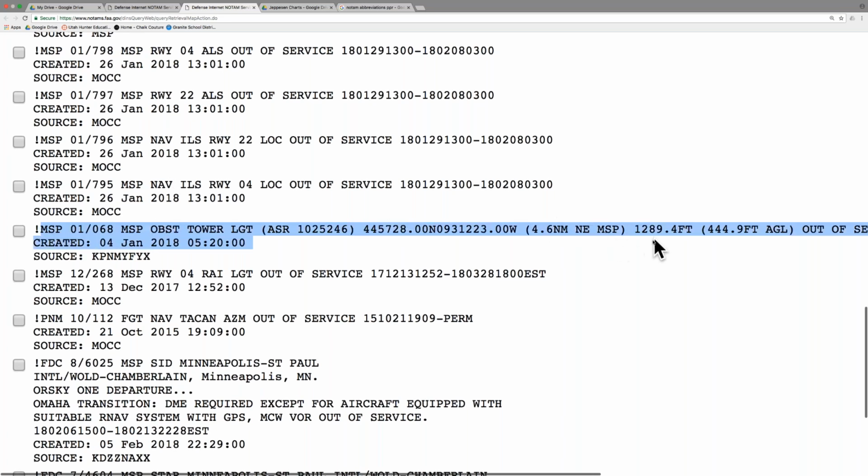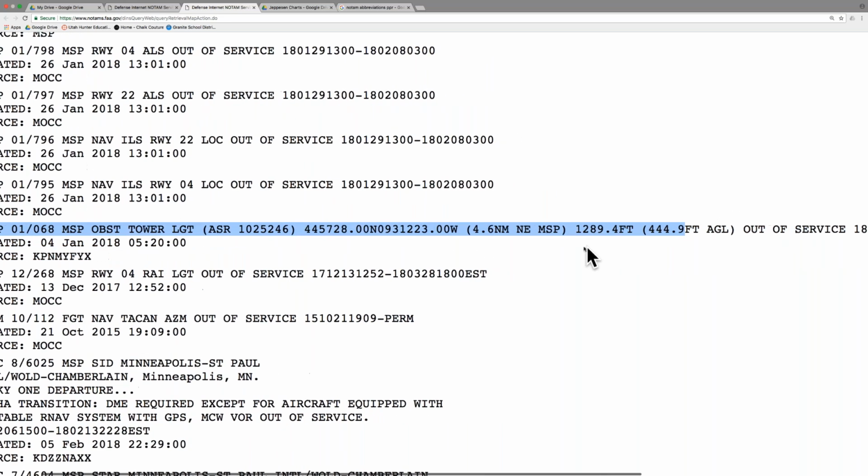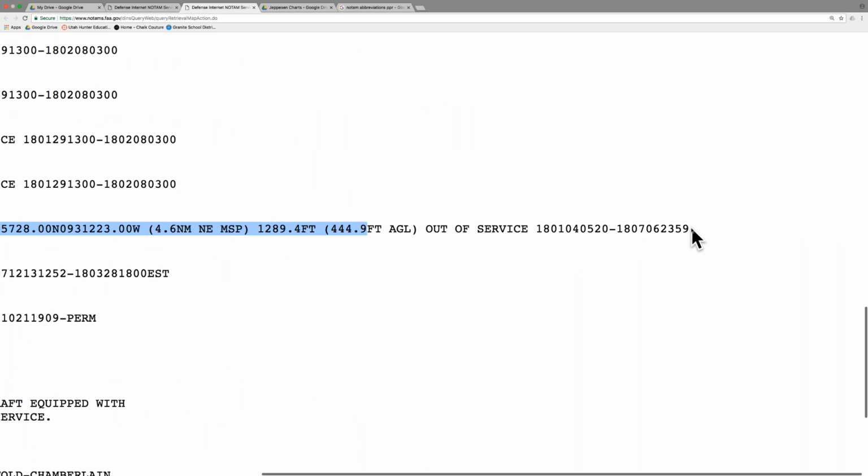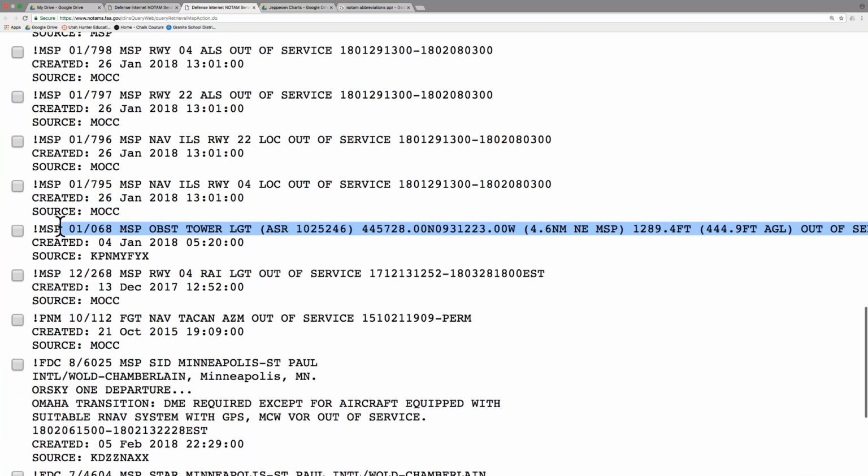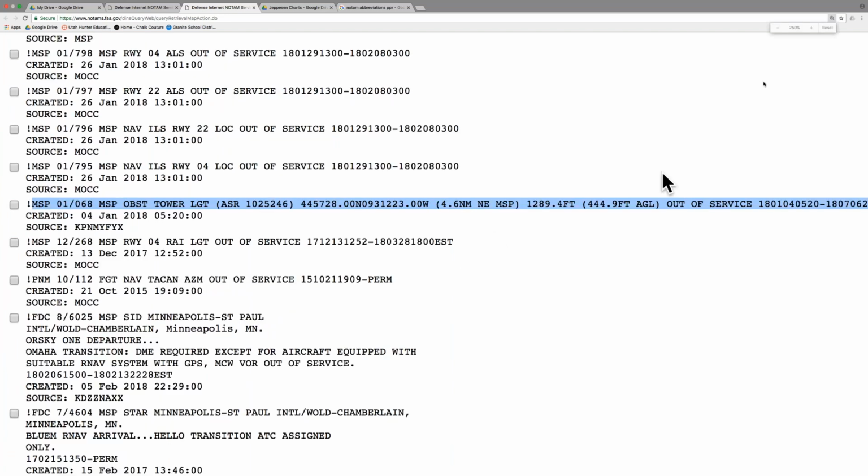So, let's look at this one. What this one is telling us, see, this one's really long-winded. So let me zoom out just a hair. Take this out of the way. Okay. So what this is saying is that at Minneapolis, there's an obstruction, right? We don't worry too much about these, but it's a lighted tower. Does that make sense?